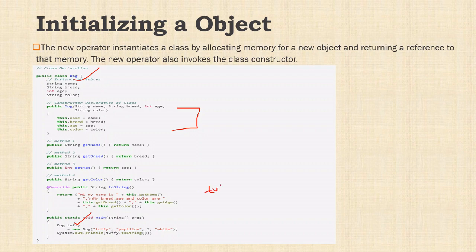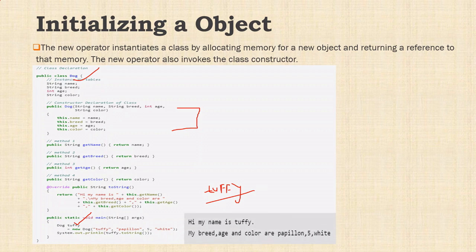The memory will be allocated inside the heap memory because we are using the new keyword. So like this we can declare the object and create the object with the new keyword. The output will be: my name is Toffee, and my breed, age, and color are Papillon, 5, and white.